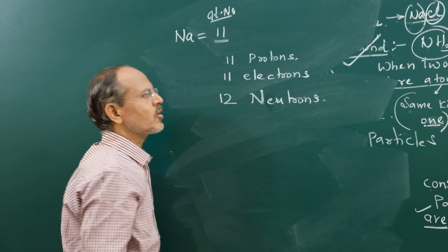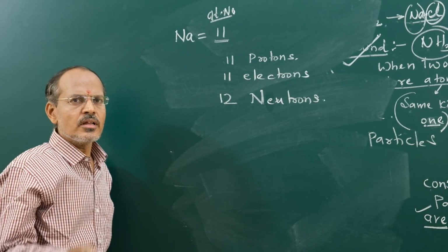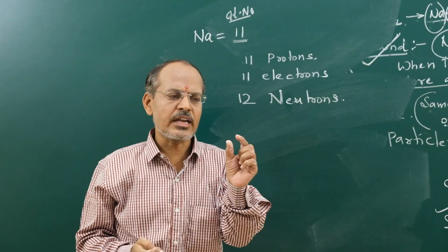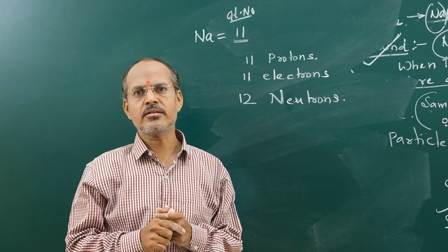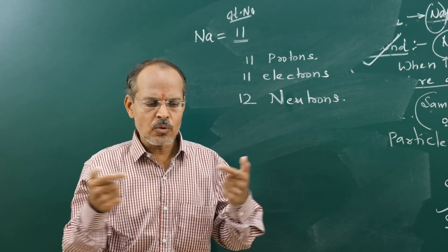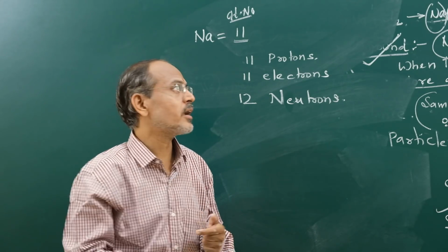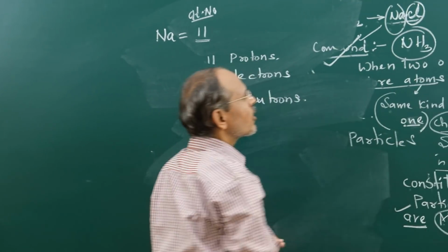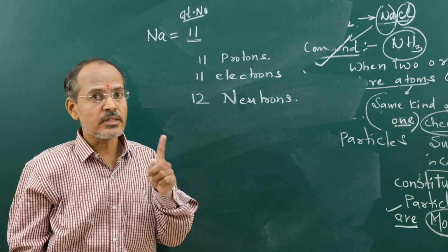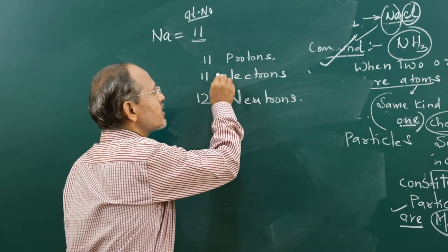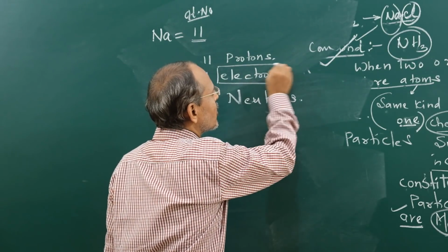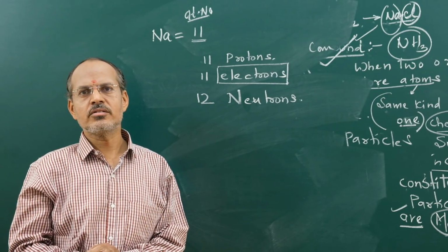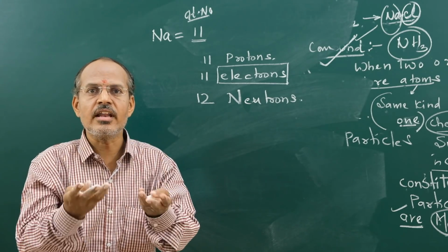12 neutrons. That means whenever two atoms are going to combine to form a compound, then they either lose electrons, gain electrons, or share electrons.